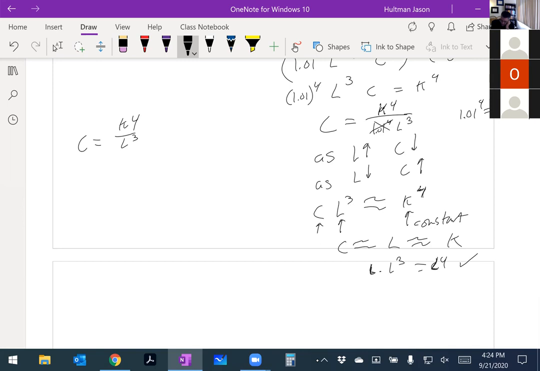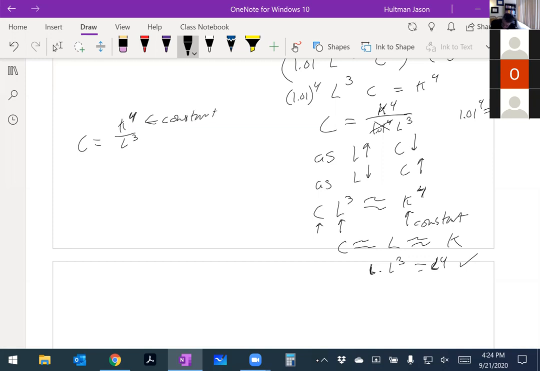But when they're all basically equal to each other, I'm going to say this is a constant. K to the 4th is just a constant.